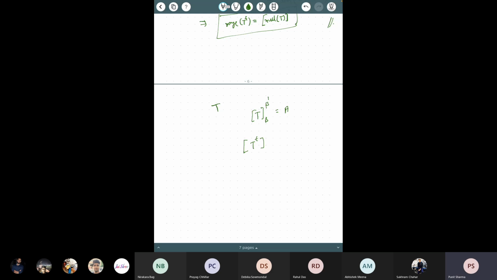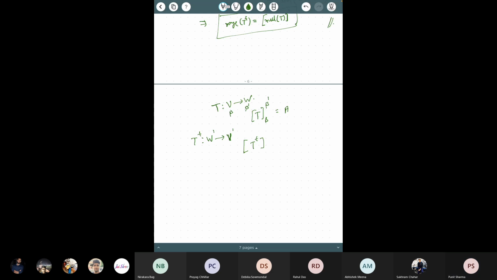Remember, T transpose is a linear transformation from W dash to V dash. But at least just to guess something, first, T is a map from V to W, and T transpose is a map from W dash to V dash. For V and W, I have bases B and B dash. So first I need to figure out some basis for W dash and V dash.